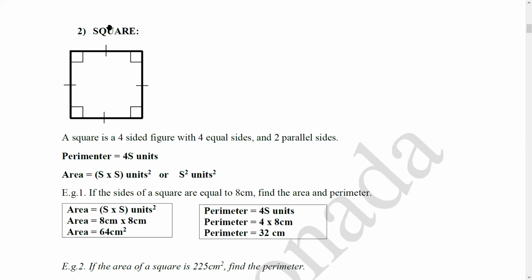Anybody found the answer? Almost. Anybody got it?